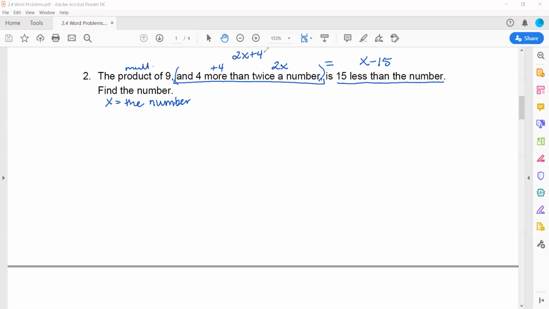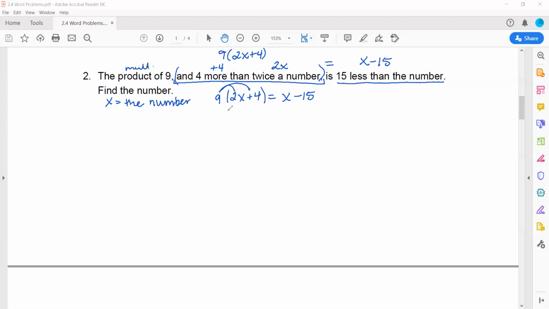And we want the product of this and 9. So product means we're multiplying 2x plus 4 by 9. So we have our equation here. We have 9 times 2x plus 4 equals x minus 15.